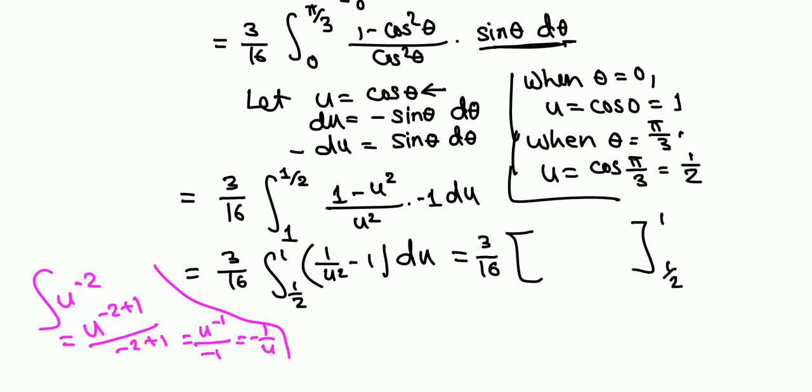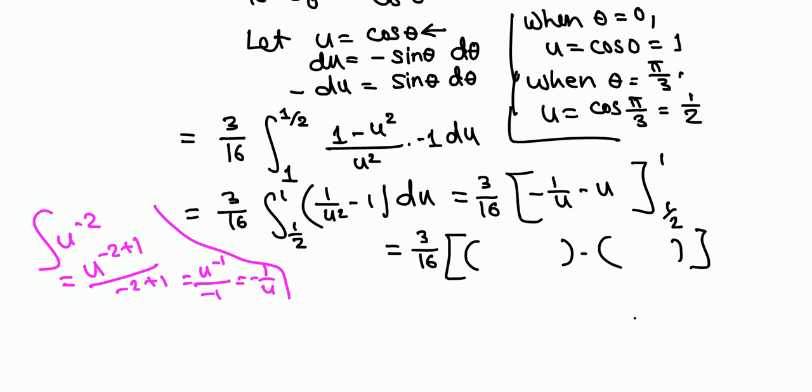So the integral of 1 over u squared is -1 over u, minus the antiderivative of 1, which is just u. Now we evaluate this function at the upper limit minus the lower limit. So that's 3/16 times upper limit minus lower limit.